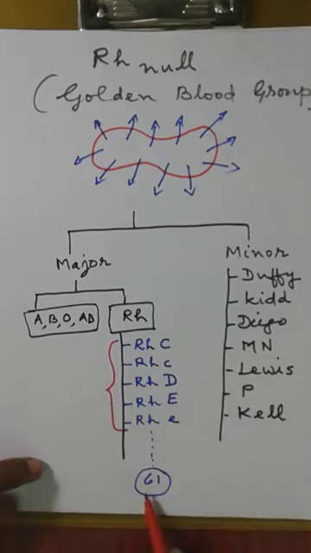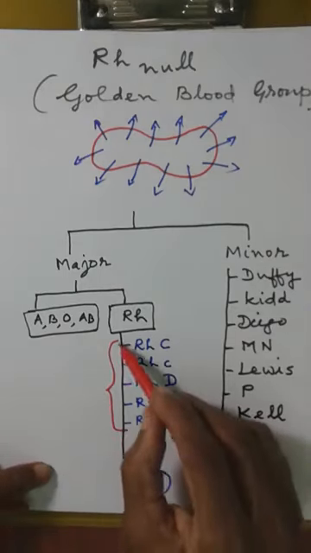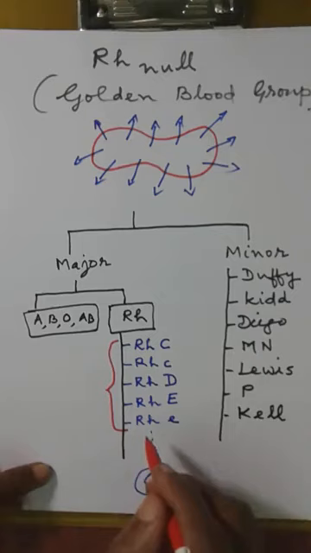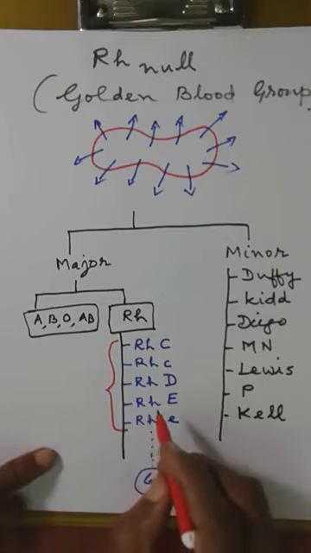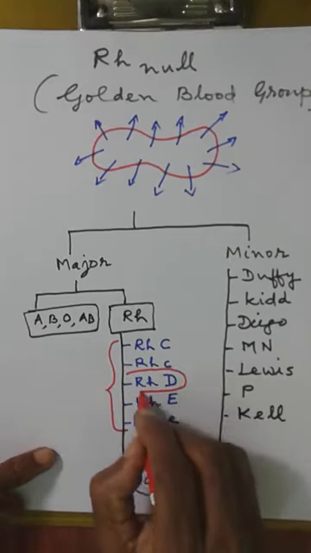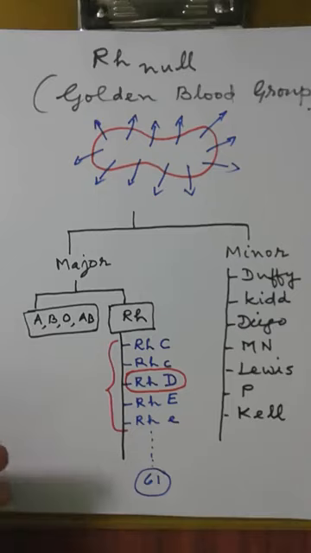So out of these 61 factors, the most important are 5 groups. Again, in these 5 groups, there is one leading man, that is RHD. So, if I say my blood group is A positive, what does it mean?